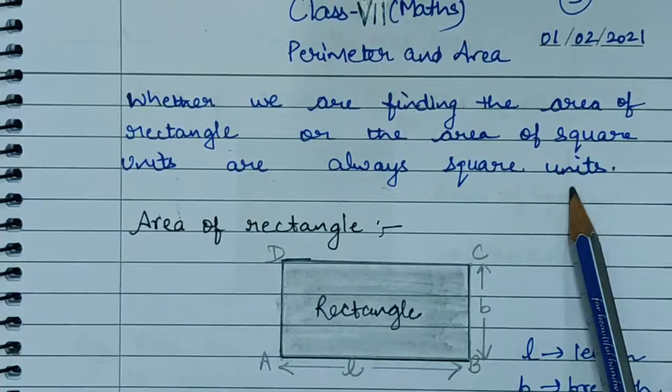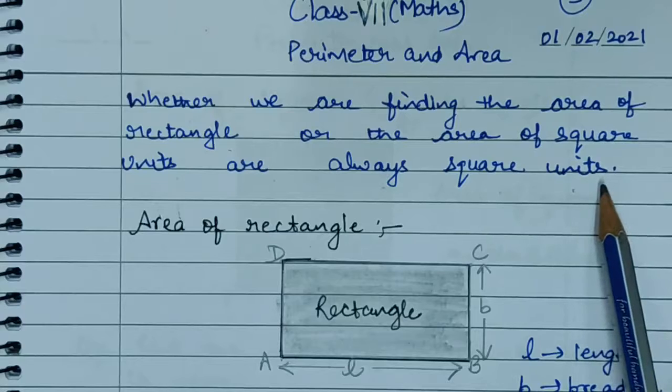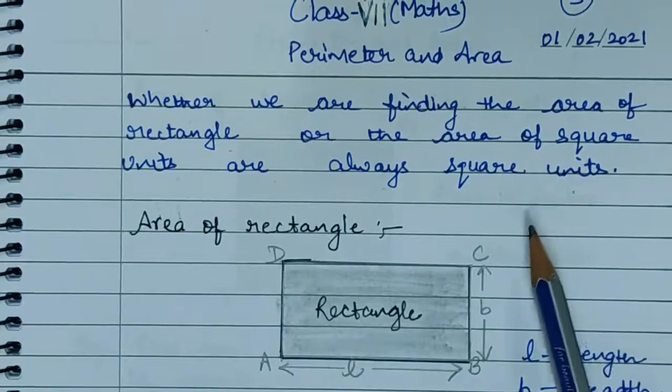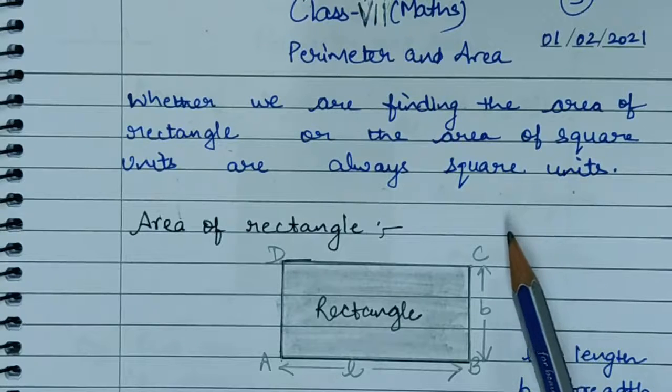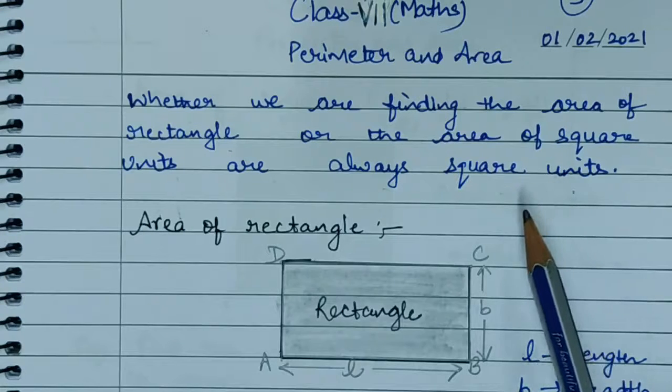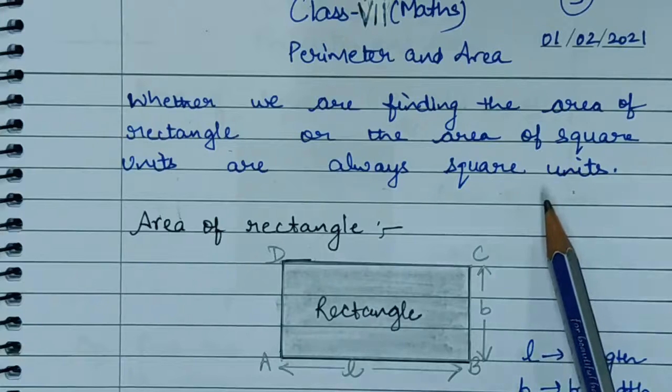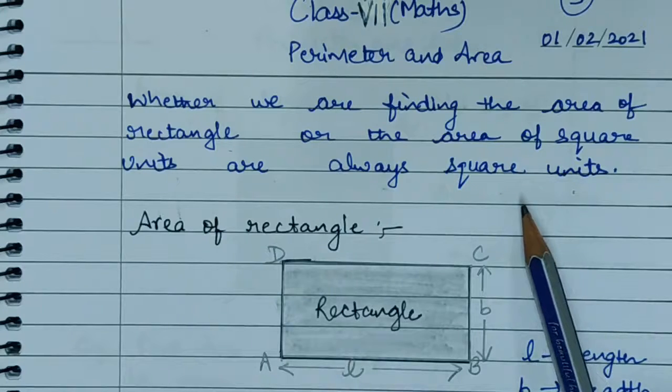It doesn't mean that if we are finding the area of a rectangle, we will write the units rectangle centimeter or rectangle meter. No. Whether you are finding the area of a square or the area of a rectangle, the units will be square units.